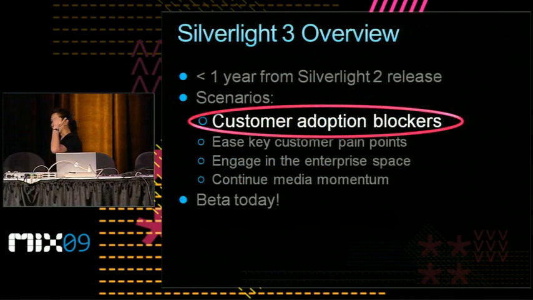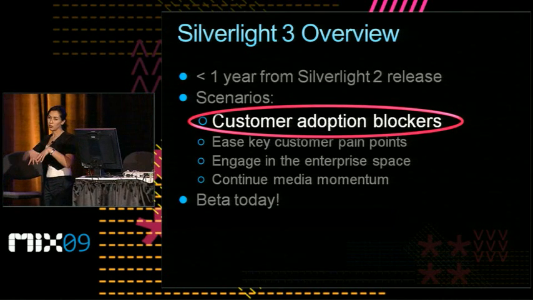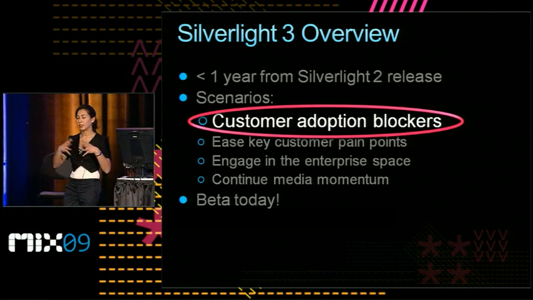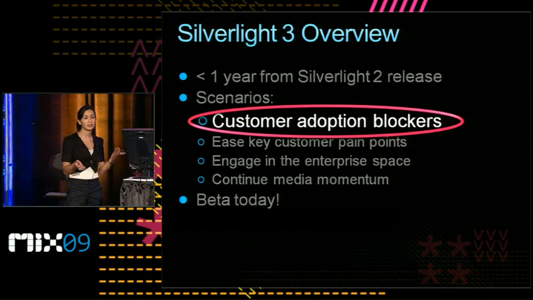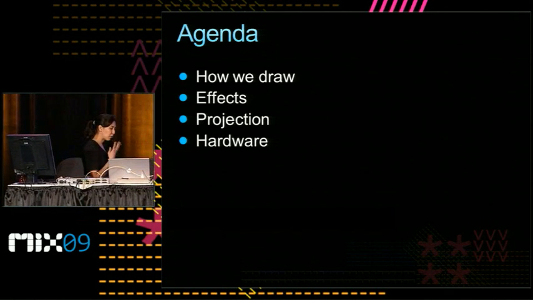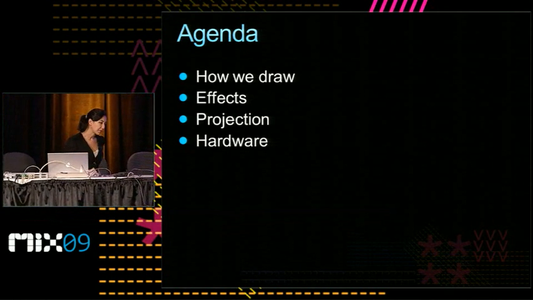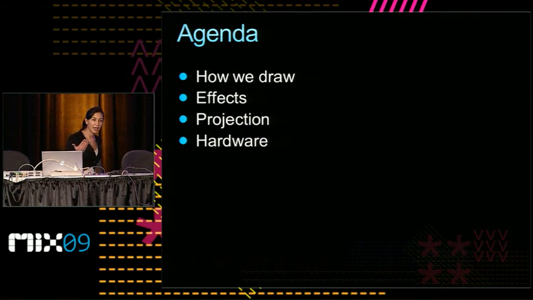And when thinking about what graphics features we were going to create for Silverlight, we wanted to focus on the key customer adoption blockers, the scenarios that were not possible in Silverlight 2. And so we enhanced 4 aspects of our graphics pipeline. The first one is how we draw, and I'll talk about that in depth.